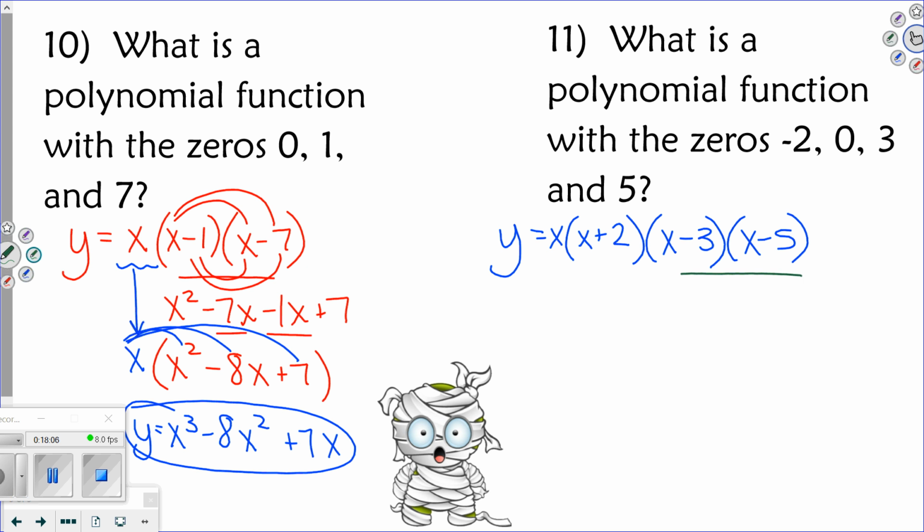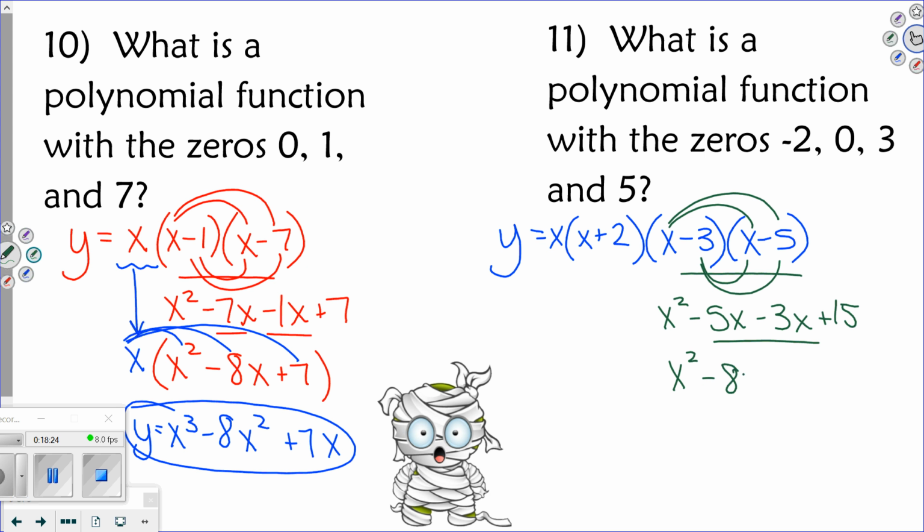All right, starting with the back 2, we get x squared minus 5x minus 3x plus 15. At least you're finding out it's a sign problem, right? So then x squared minus 8x plus 15. You miss one sign, the entire thing falls apart.